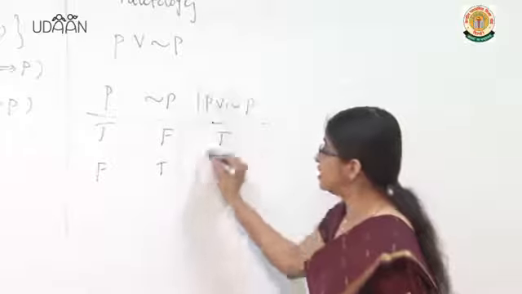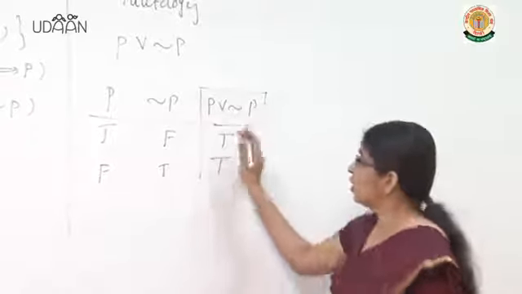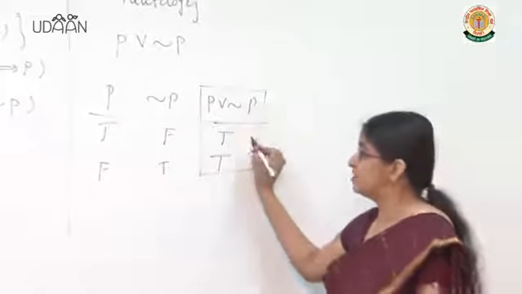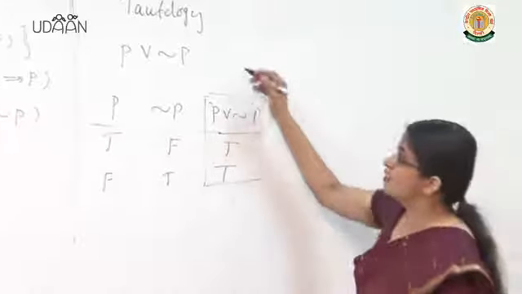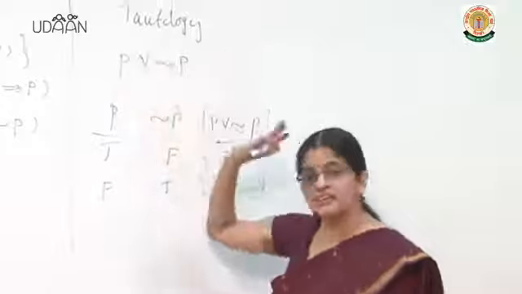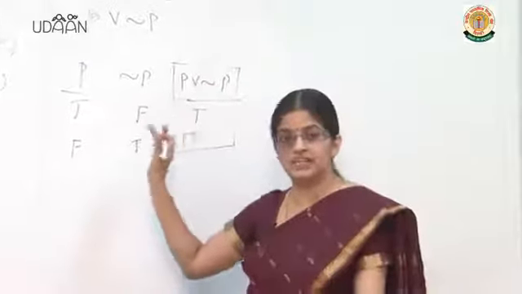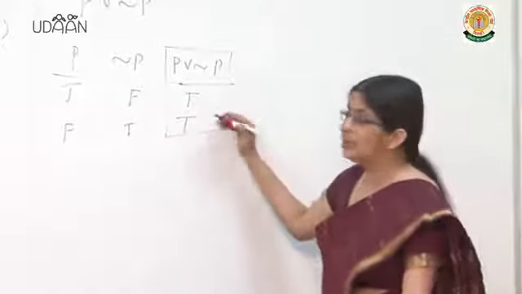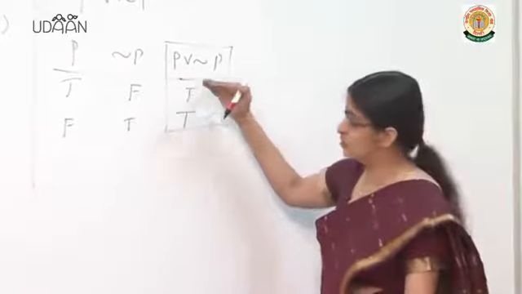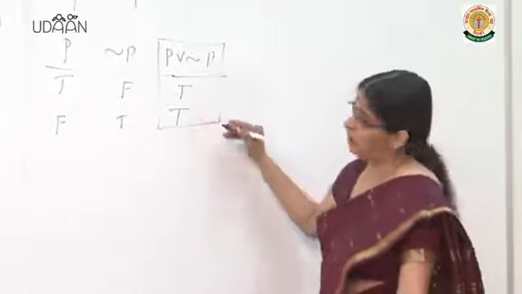Now you see the statement P or negation of P has truth value only T. Such statements are called tautology. So what's a tautology? A tautology is a statement which has truth value T in all the cases.